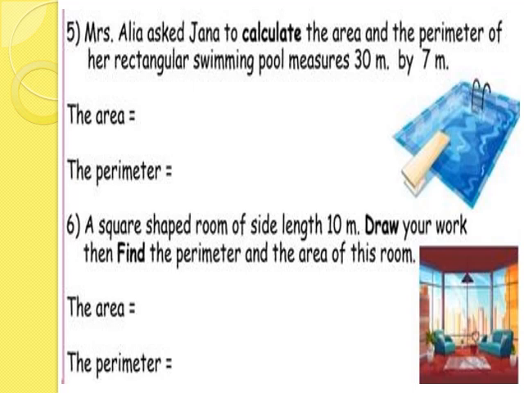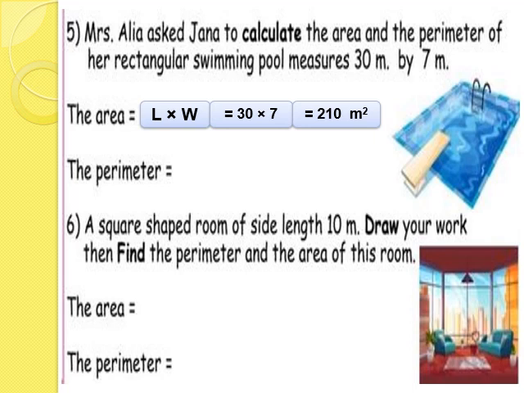Let's calculate its area. Remember the rectangle area? Rectangle area equals length by width. So it equals 30 by 7. We will drop the 0 and make 3 by 7 equals 21. So the area of this swimming pool equals 210, and don't forget the unit, meter square.